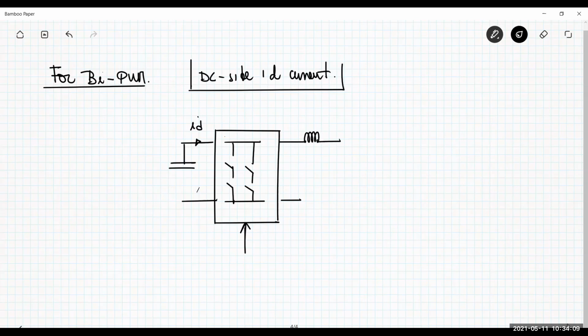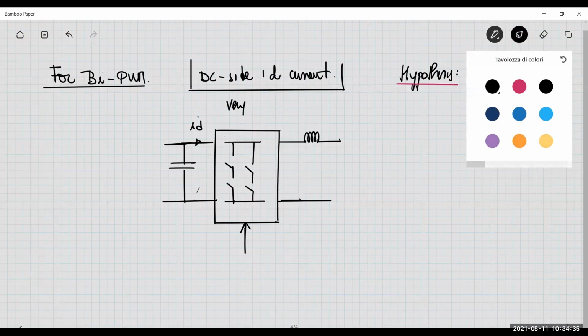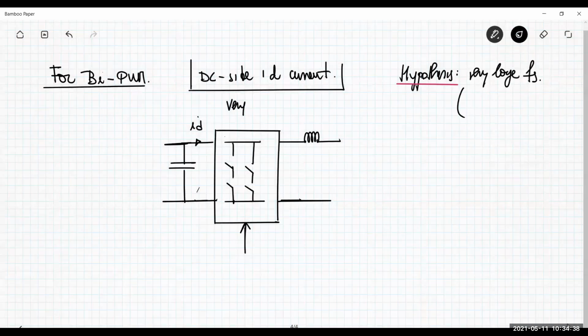This is the capacitor at the input. My hypothesis here is that we are using a very large switching frequency. So let me put here hypothesis. Basically, this condition can be extrapolated to consider Fs that, say, goes to infinity.